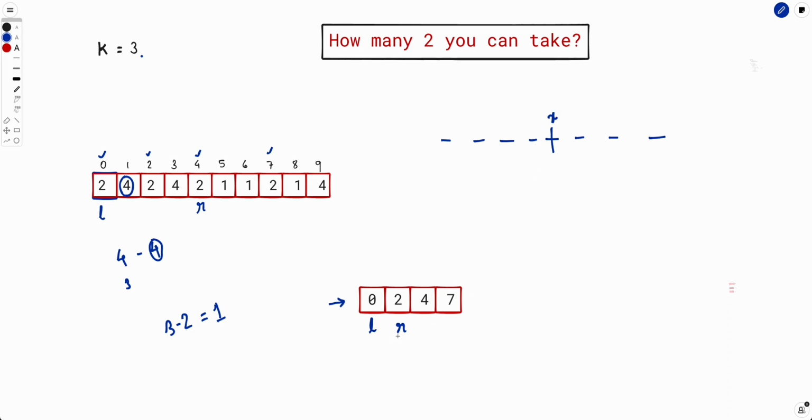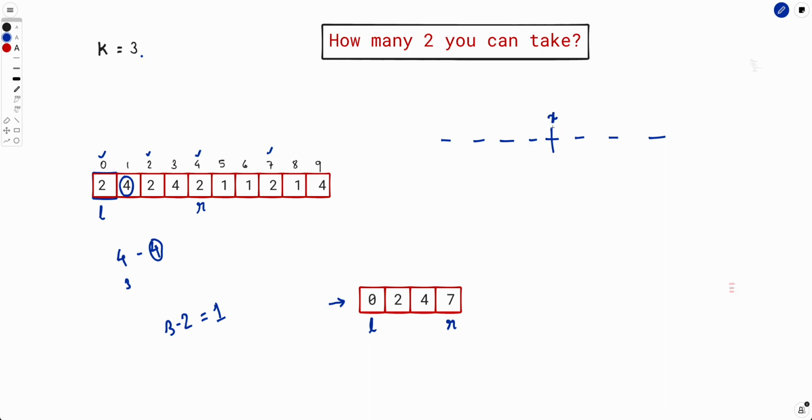Now at any given R, you can answer whether this R is possible or not with this simple trick, right? You can simply compute array[R] minus array[L] minus (R minus L), and whatever value you get, you will check whether it is less than or equal to k or not. If it is, R is possible, otherwise R is not possible.